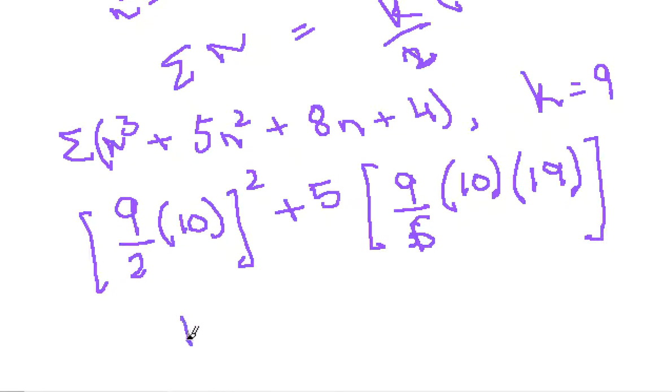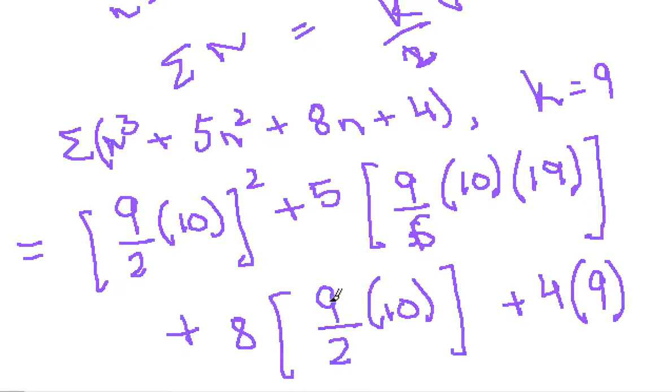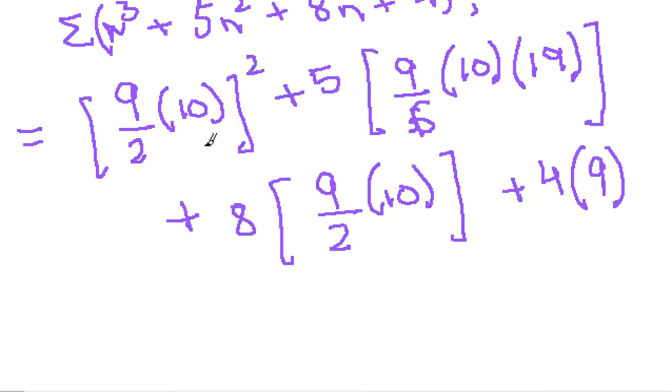Now further we get 8 into sigma n. For that we need to write 9 by 2 into 10, and plus 4 into, we are doing it 9 times, so 4 into 9. Now simplifying this, 9 into 10 upon 2, this is 2 goes by 10, 45.